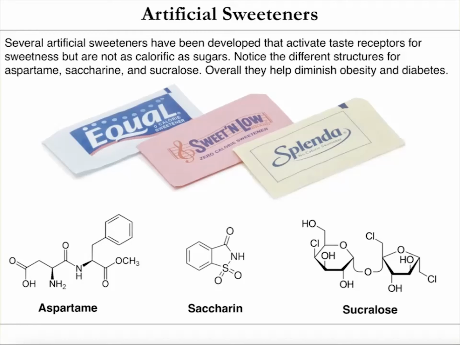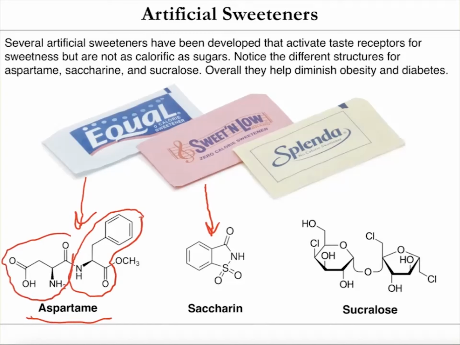So two of the most famous ones, or three of the most famous ones, are aspartame. That was one of the early ones. Equal is a form of aspartame, and that's also found in Diet Coke and all sorts of different drinks. You can see aspartame has a phenylalanine group here, and then it actually looks like glutamate, or aspartate, here.